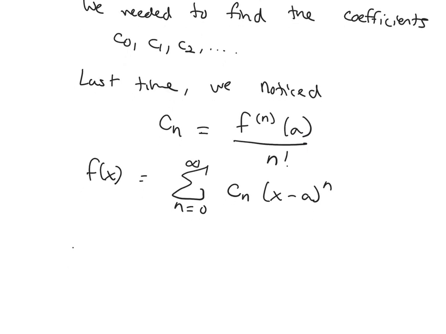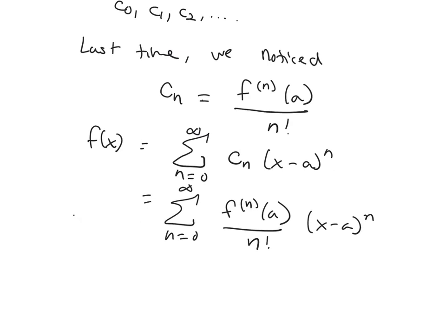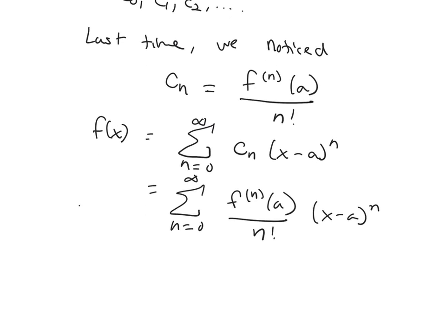It's f, the nth derivative, over n factorial, times (x minus a) to the n. So this right here, this is the power series representation we were looking for.